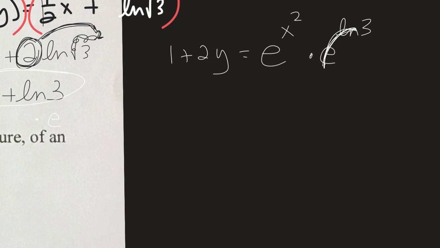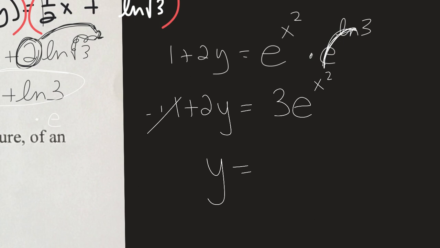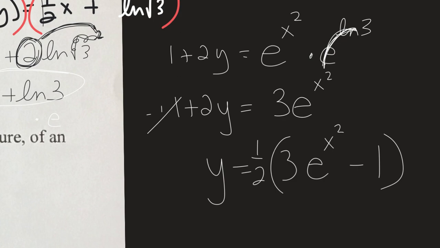This can actually cancel out itself. 1 plus 2y equals 3e to the x squared. Much better. So now we can subtract 1 from both sides and divide by 2. So 3e to the x squared minus 1, all divided by 2, so we can take 1/2 of all of that. And there you go. There's your equation. So much algebra.